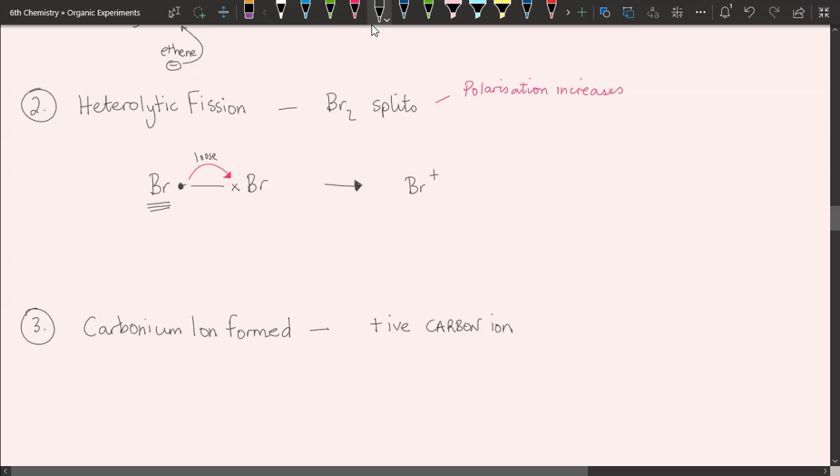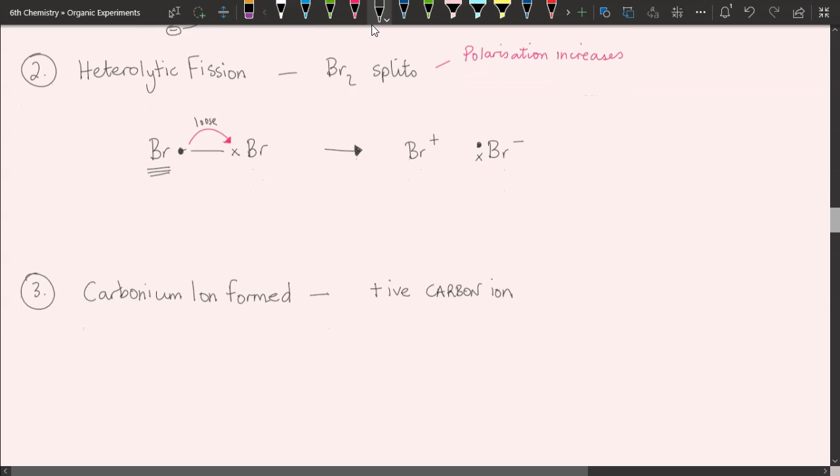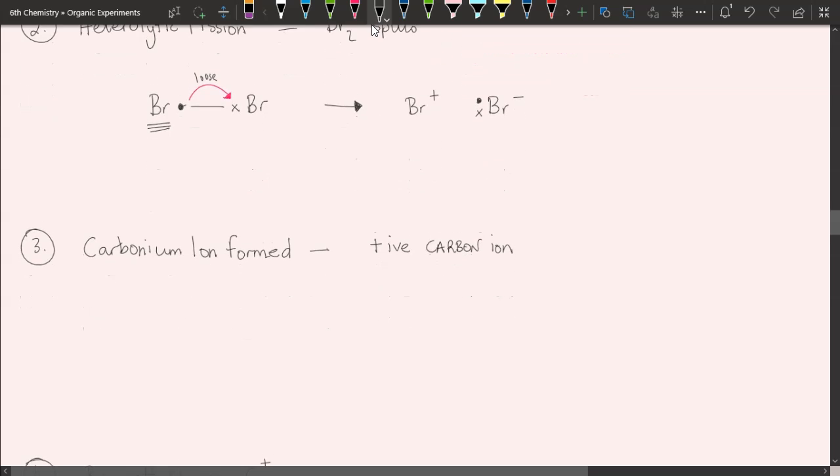The other bromine, of course, gains an electron, so you end up with Br negative. And in this one, it's this bromine that has that electron, and it also has that electron. So this particular part is heterolytic fission, and bromine ions are formed. A Br positive and a Br negative.